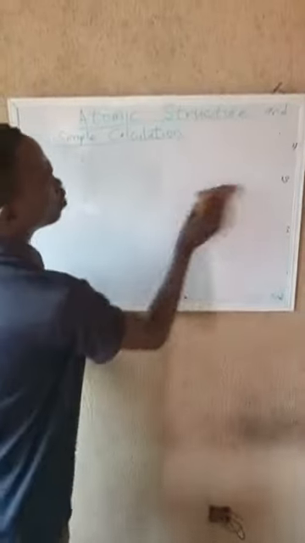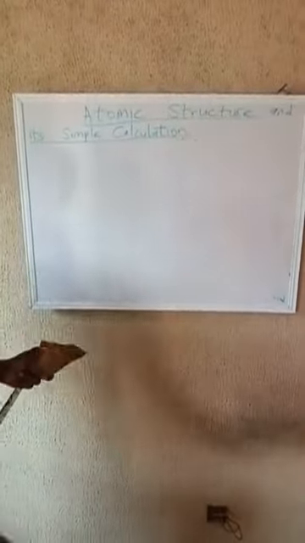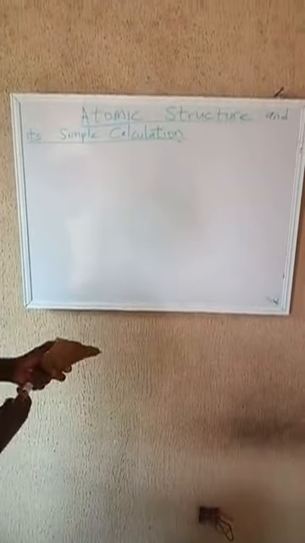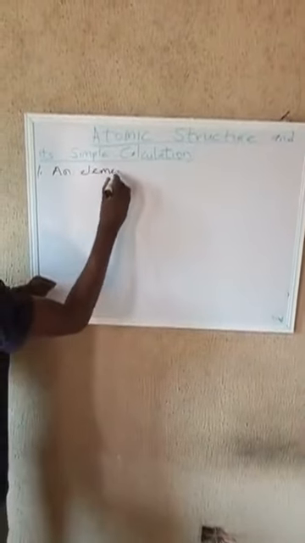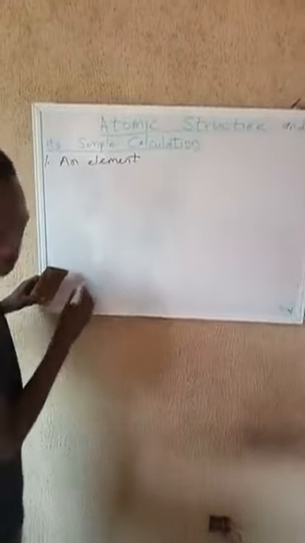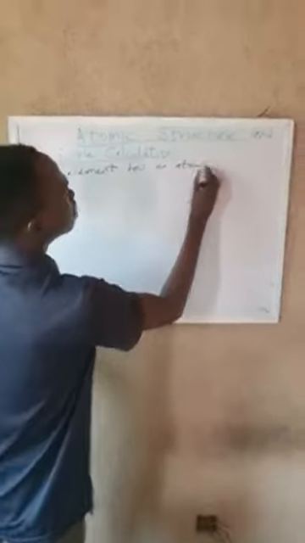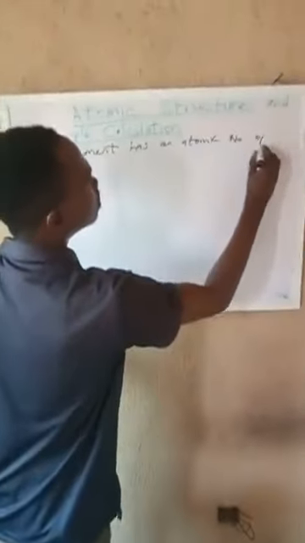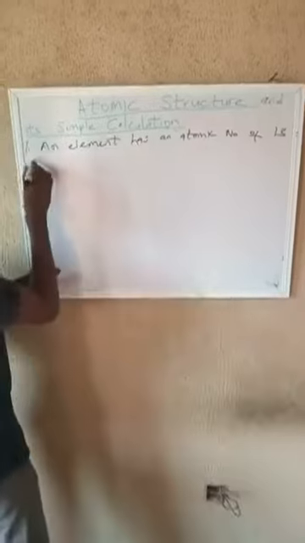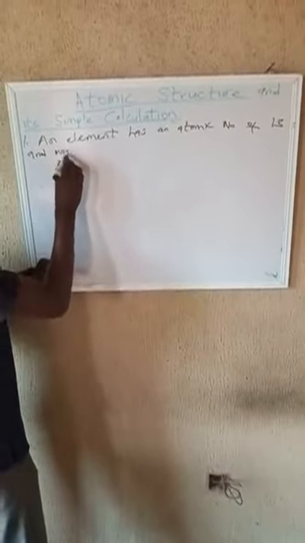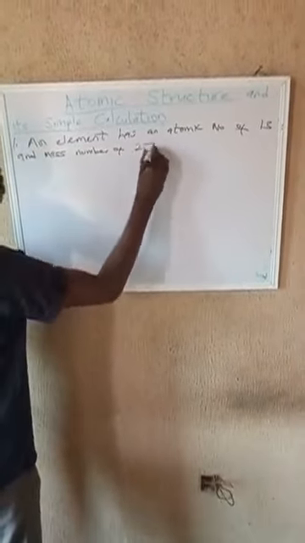And what are these questions and how to tackle them one after the other. So let me share some questions I'm having here. Number one, an element has an atomic number of 13 and a mass number of 27, if I'm right.